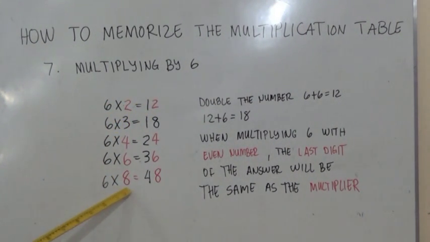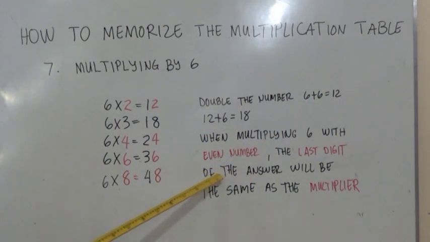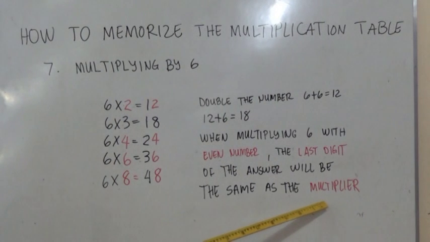We are now multiplying by 6. 6 times 8 was purposely included to complete the pattern for even numbers in multiplying by 6. Because when multiplying 6 with an even number, the last digit of the answer will be the same as the multiplier.